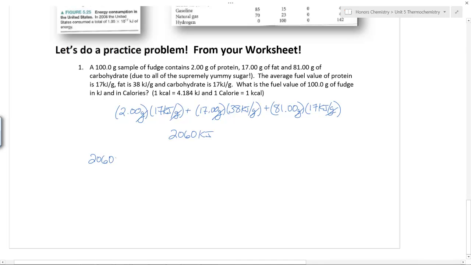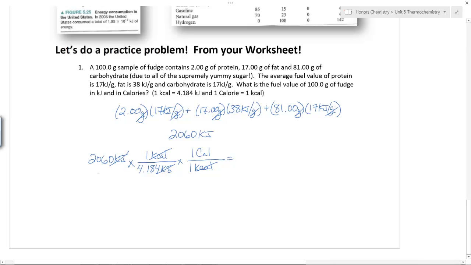We're going to take our 2,060 kilojoules and multiply that by a conversion to get us out of kilojoules and into kcal, because I don't have a direct conversion from kilojoules directly into calories. The first step is to go out of kilojoules, which we know is 4.184 kilojoules for every 1 kcal, and then we're going to do the next conversion, which is that 1 big C Calorie, or food calorie, has a total of 1 kcal in it.